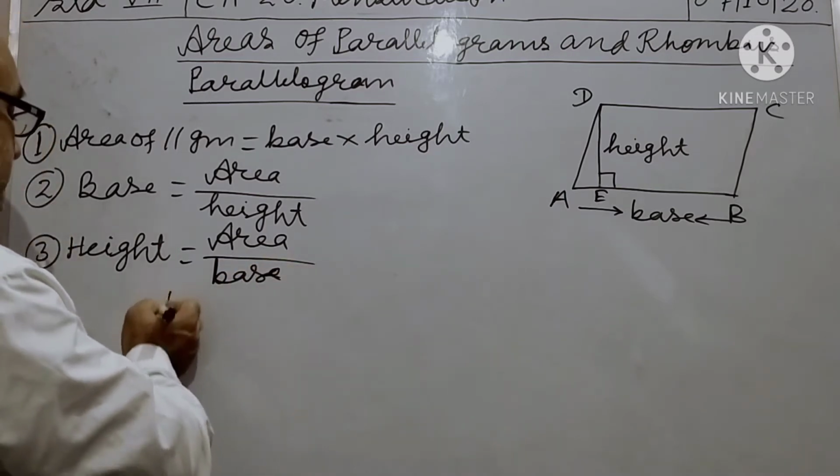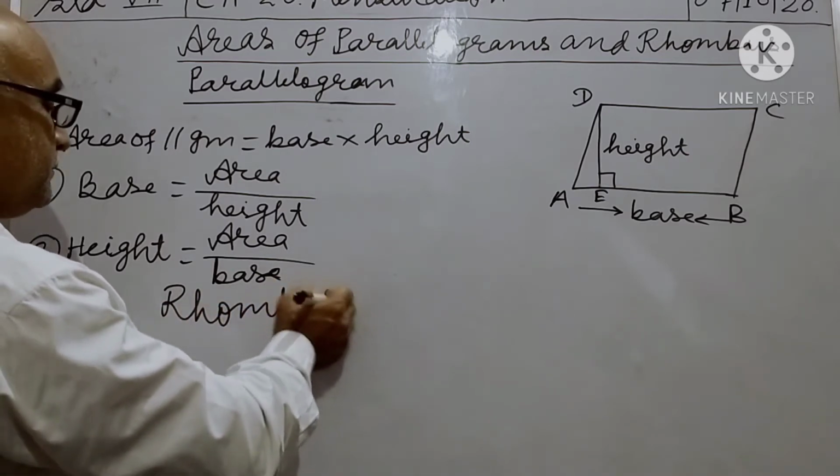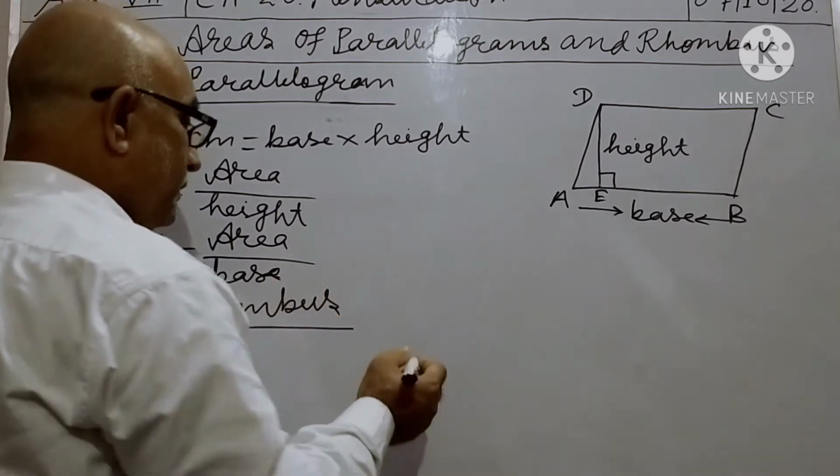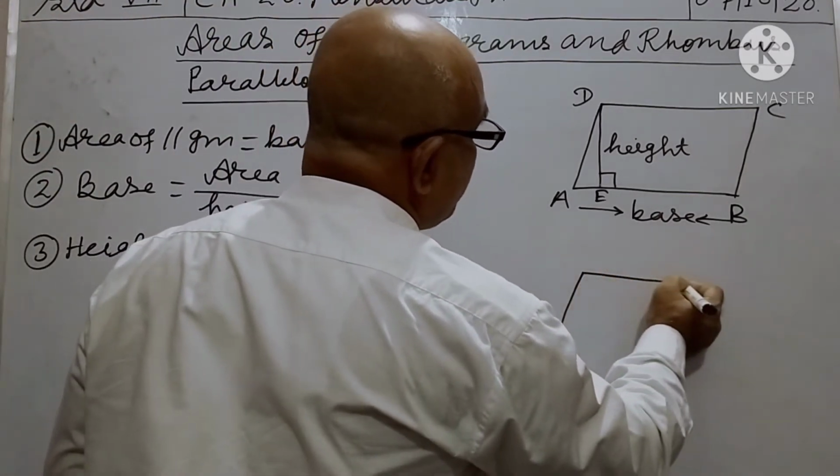Next term is rhombus. Figure of a rhombus ABCD: all sides are equal and opposite sides are parallel.